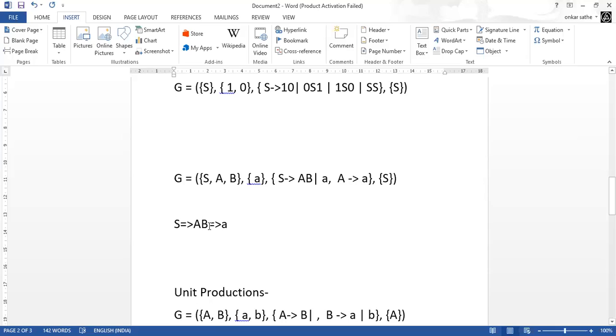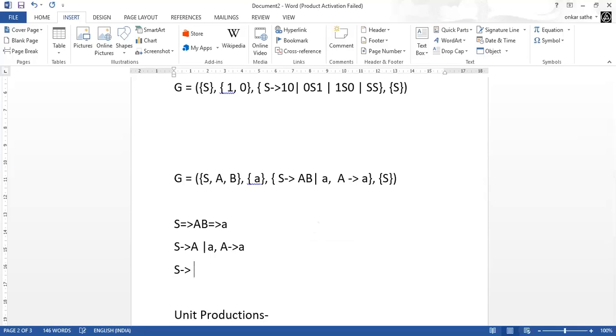So after removing this B, we can have the productions as S gives A or small a, and then A gives small a. Now next, as this A produces small a, we can directly replace this A, so S gives small a.